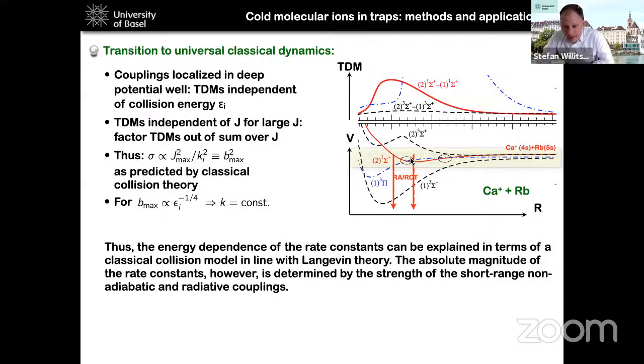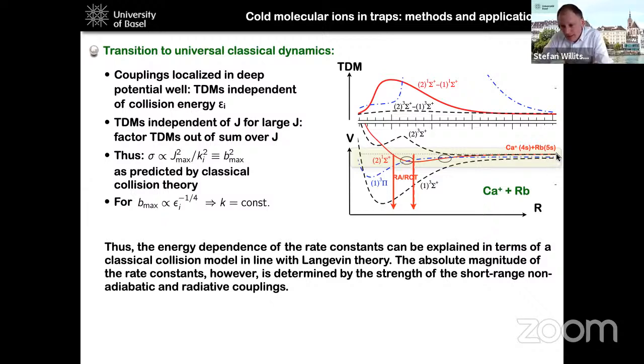Meaning when these radiative processes kick in, our two collision partners are already sufficiently close that they are around the region of the bottom of this well, at which point they have already been appreciably accelerated by this interaction potential.